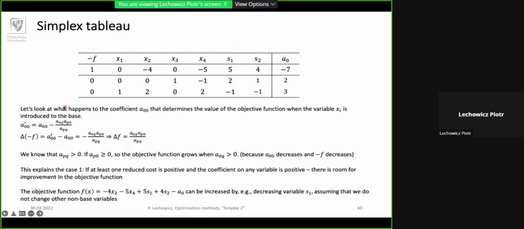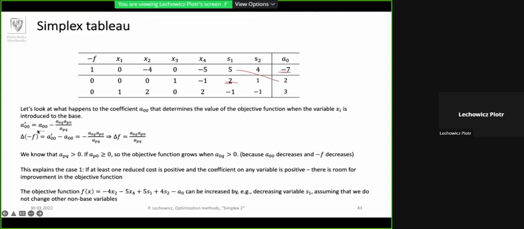And to explain it, let's look at what happens to the coefficient a00. So this is the minus value of the objective function, when a variable xi is introduced to the base. So, for example, if this variable is introduced to the base, this value becomes this minus this multiplied by this divided by this.